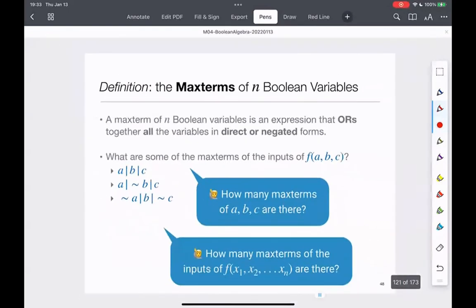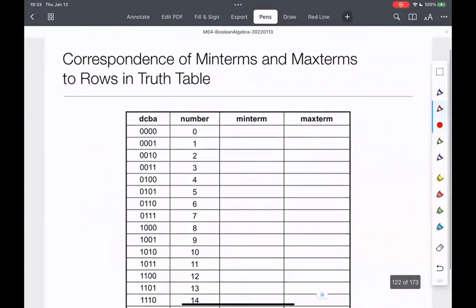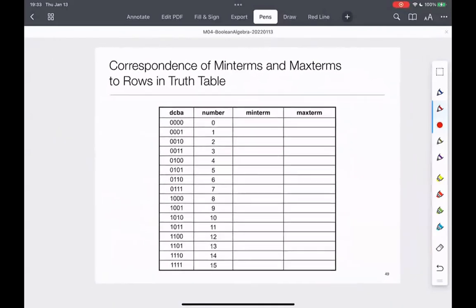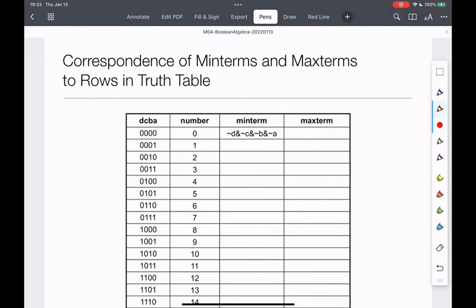So now there is a correspondence between these. Let's say I had 4 variables, A, B, C, D. Very important here: we also have to define the order in which we are thinking about the variables.